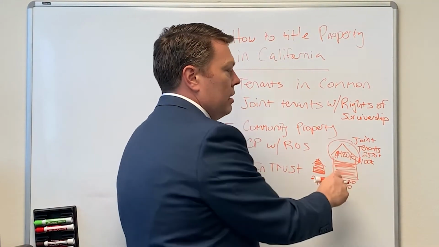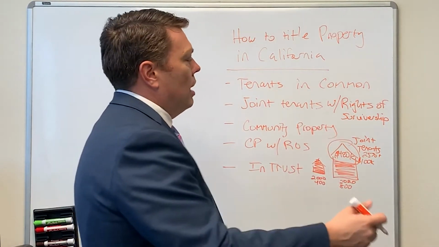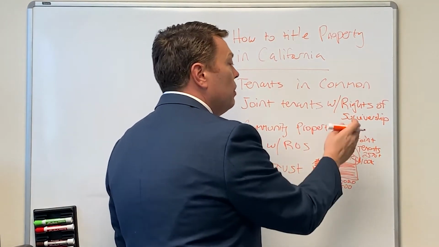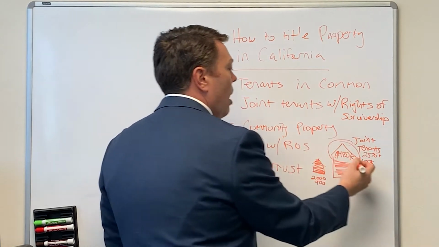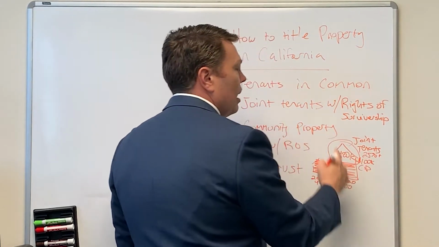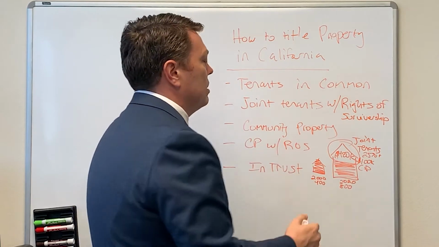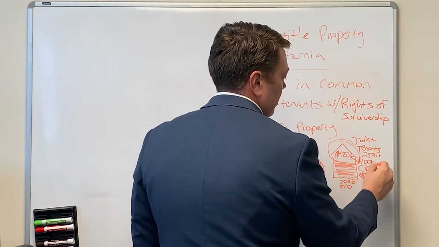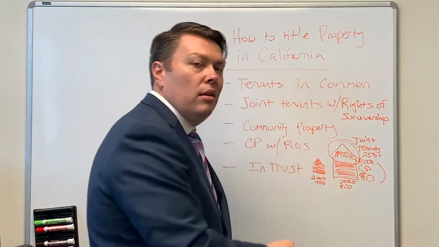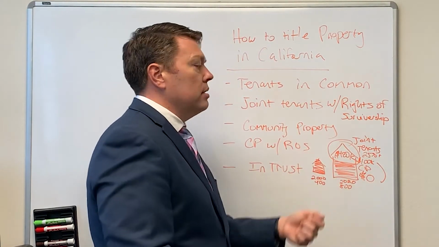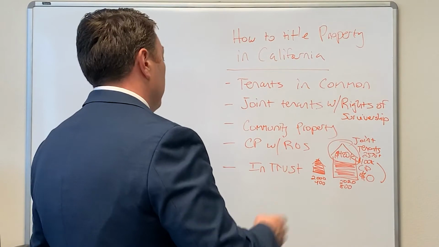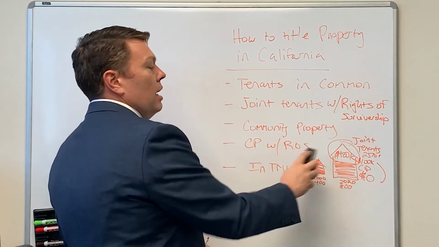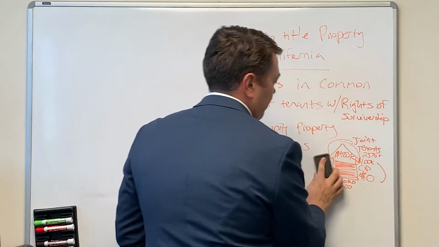Now there are ways that you can increase or decrease that based on how you file your taxes, but if you hold it as community property, you get that step up in basis when one person passes away, which means you would not pay anything in taxes. So you just saved $100,000 by owning your property as community property. Okay, now this brings me to the next way you can hold property.